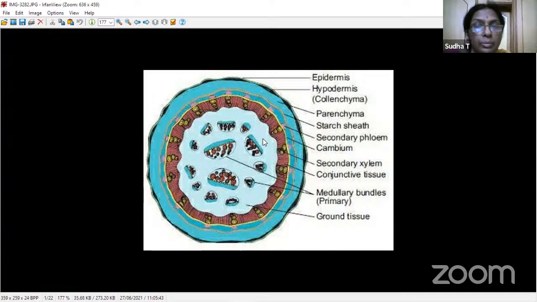So here there are the primary medullary bundles, and the secondary bundles formed in the cortex region, which will continue the secondary growth for a while. So here the abnormal arrangement of the vascular bundles in the primary structure and abnormal formation of the ring are also seen. This is what you are going to study in theory, which is important, plus in practicals also this is one material you are going to see.